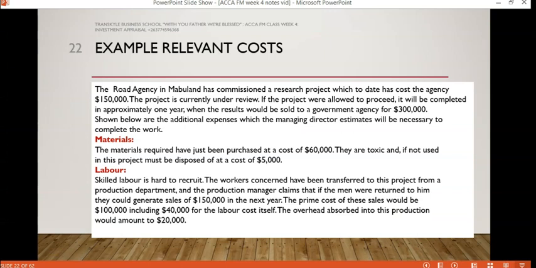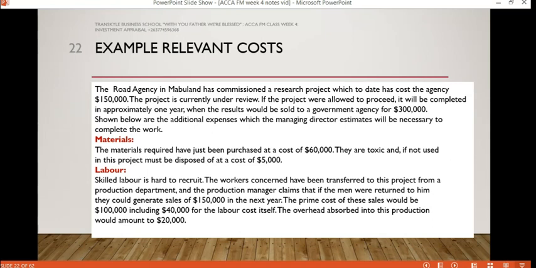The workers concerned have been transferred to this project from a production department, and the production manager claims that if the men were returned to him, they could generate sales of 150,000 in the next year.